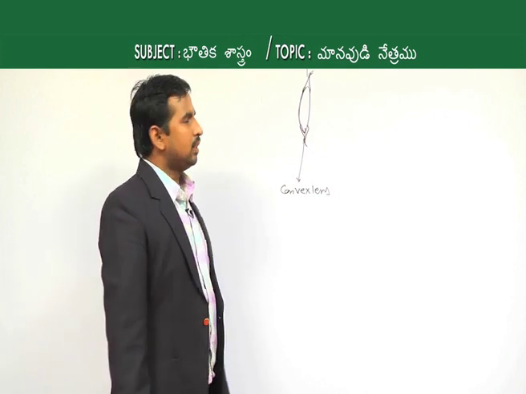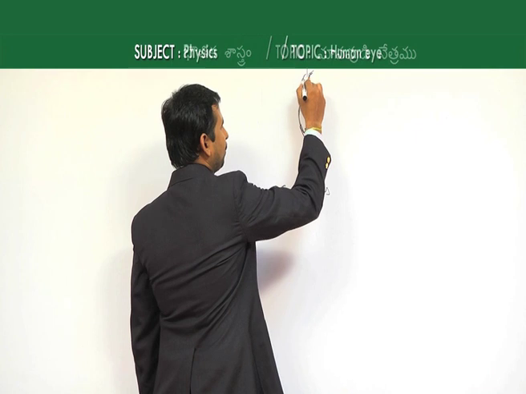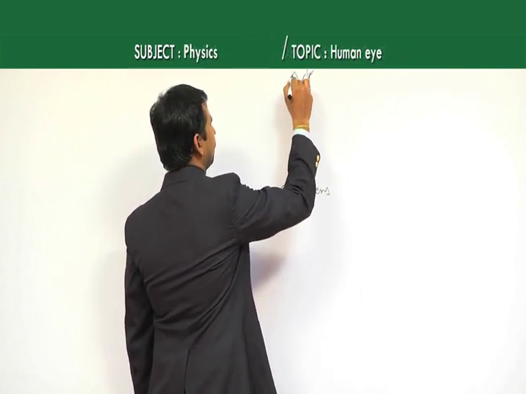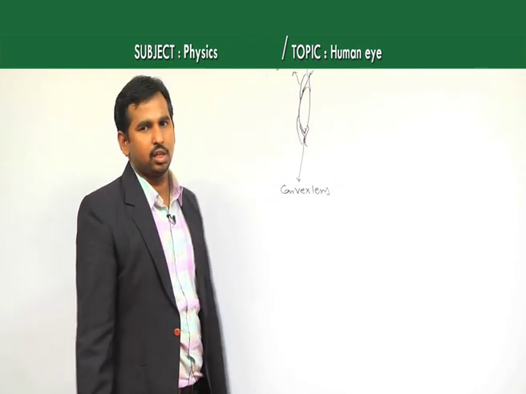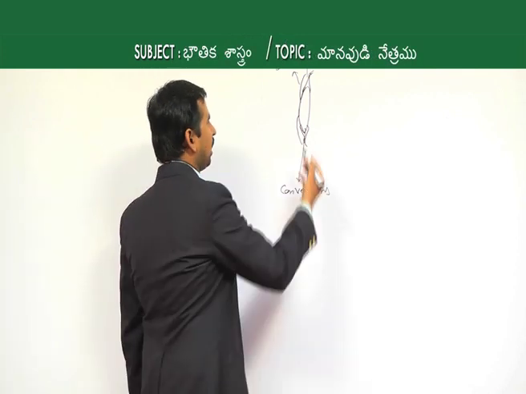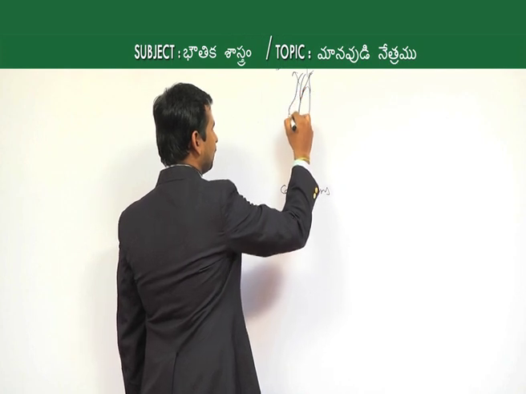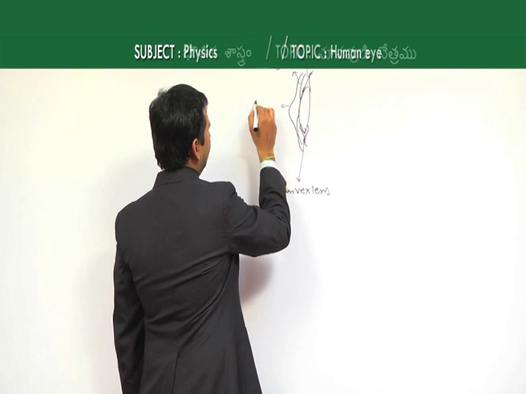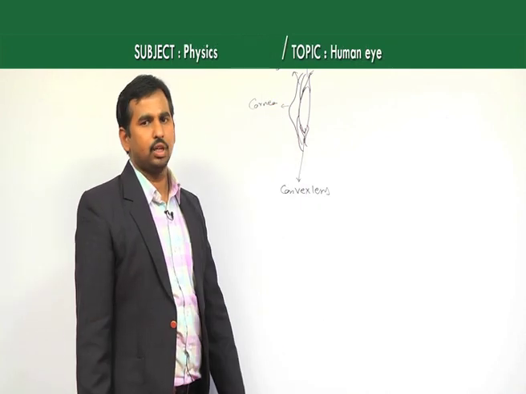After the ciliary muscles, before that, one part we have is called the iris, which acts like a shutter for our cameras. Next, in front of the iris, we have one curved surface, which we call the cornea.